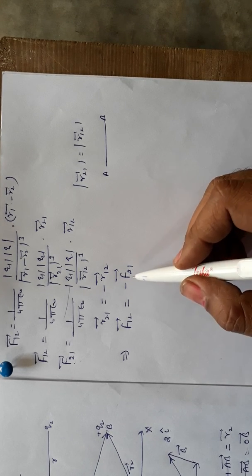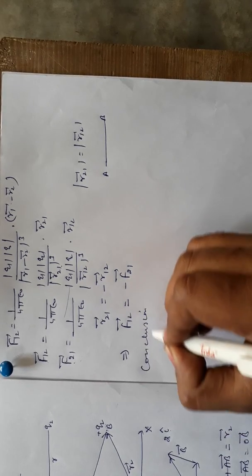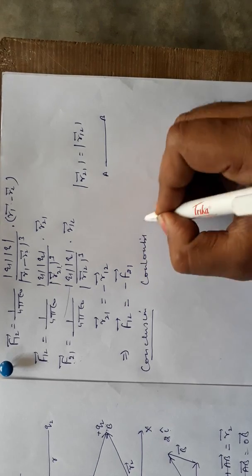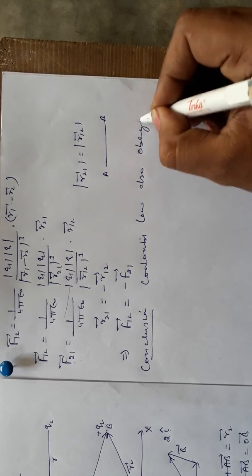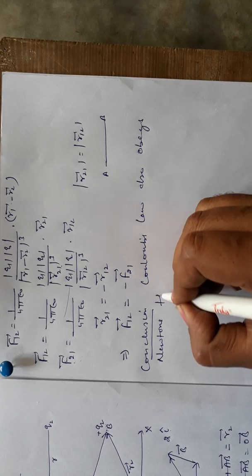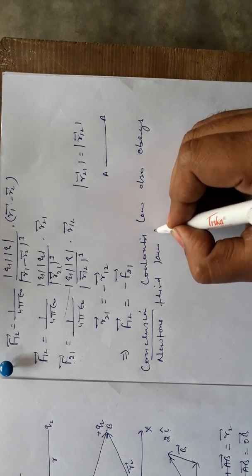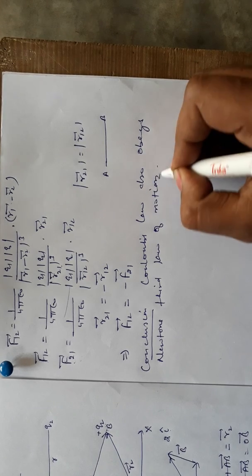From here we can conclude that Coulomb's law also obeys Newton's third law of motion. What was Newton's third law of motion? To every action there is always equal and opposite reaction.